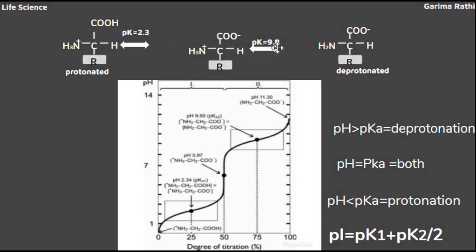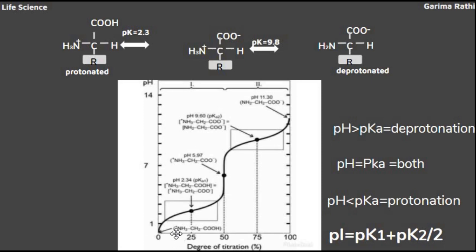On reaching the pH value 9.8, that is the pKa value of the amino group, the deprotonation of the amino group gets started, so that there is an equimolar proportion of the deprotonated form and protonated form of the amino group of the amino acids. After proceeding and reaching pH 12, the deprotonated form is present in abundant amount.